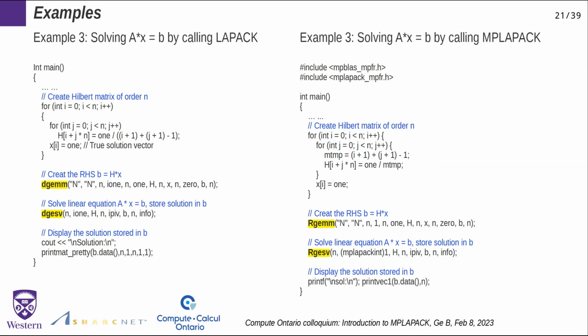So we're calling this routine DGEMM to multiply the matrix by a unit vector to get the right-hand side. And then we call the LAPACK routine GESV to solve backwards for X to get the solution. And in this case, we use the version DGESV, which is for double precision.